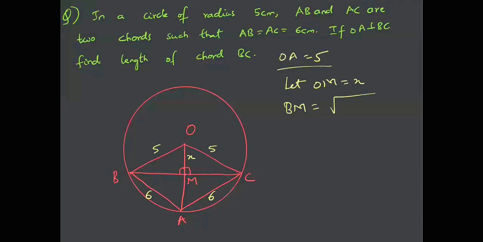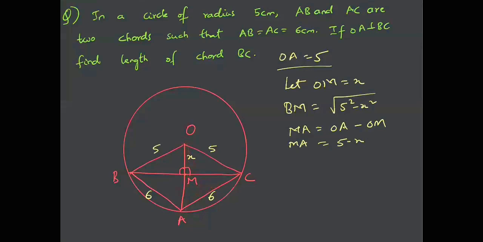BM is square root of 5 square minus X square, right? From this right angle triangle, BM is square root of 5 square minus X square. And what about MA? MA is nothing but OA minus OM, which is 5 minus X, right? If this entire length OA is 5 and OM is X, then MA is 5 minus X.